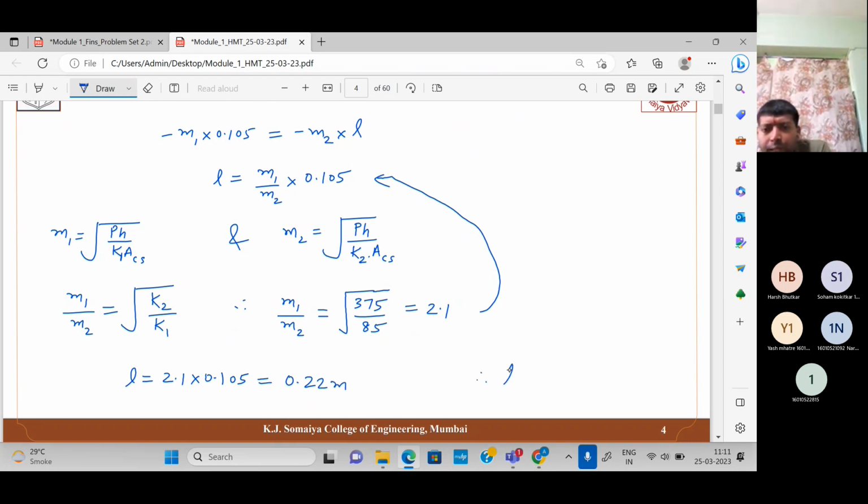Okay, that means L is equal to 0.22 meters. So this is the distance for the copper rod. The same temperature 120 degrees Celsius would be reached. Fine. So 0.22 meters is the distance from the furnace, and the same temperature would be reached in the copper rod. Okay, so we have solved this problem.